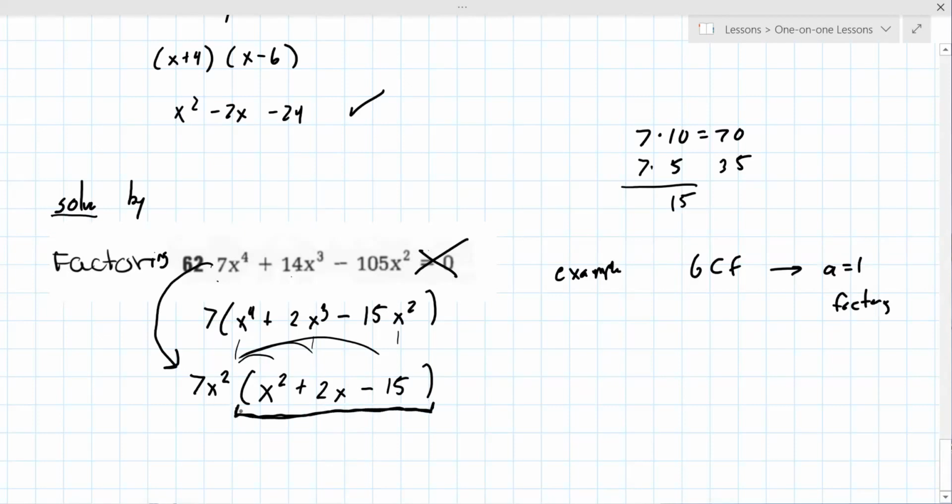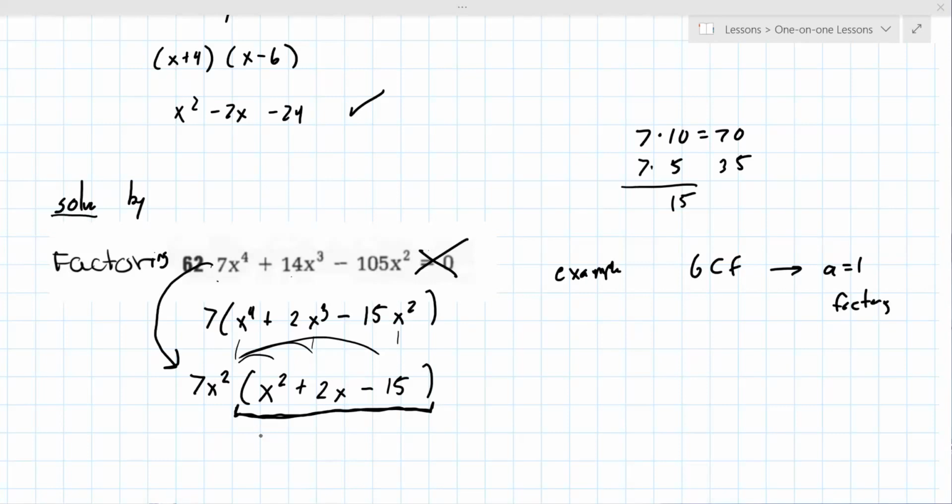Factoring this. 2 numbers that multiply to -15 but add up to +2. -3 and 5.